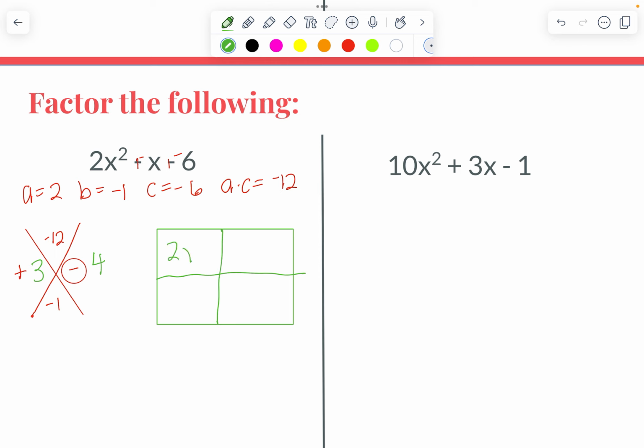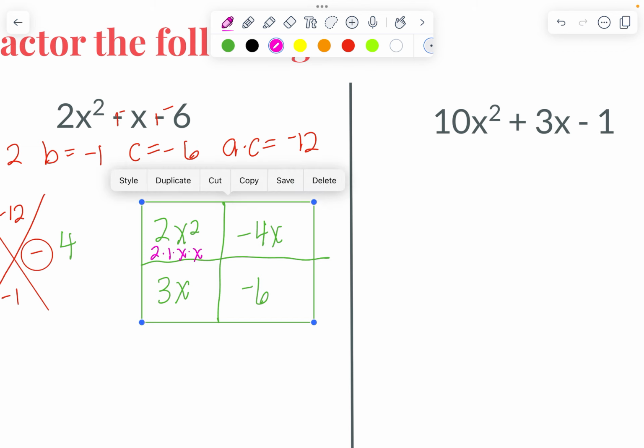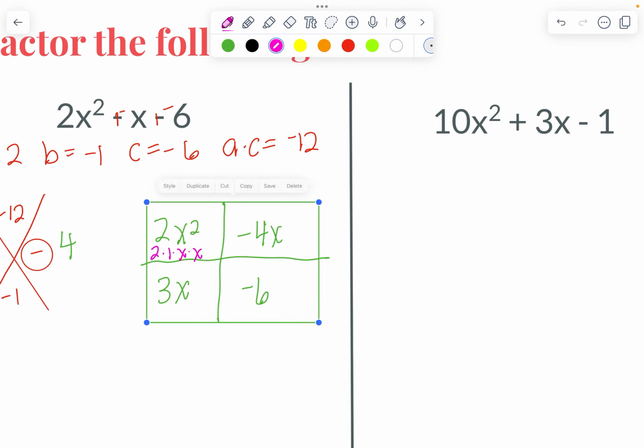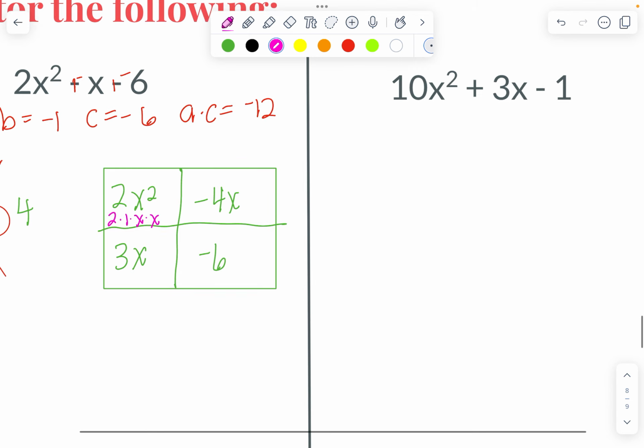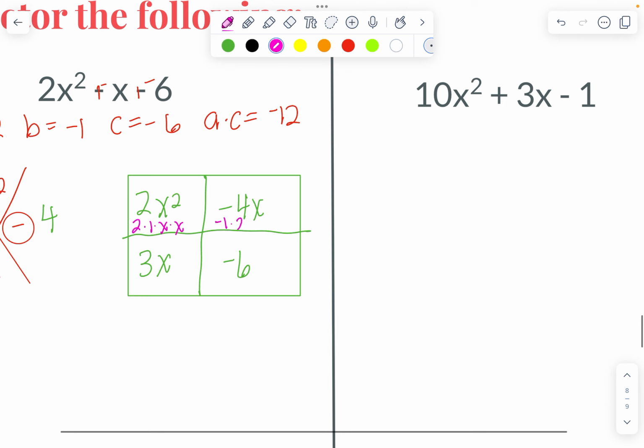So we have 2x squared, we have negative 6, and then I have positive 3x and negative 4x. The boxes that you put the 3x and negative 4x in don't matter, they can be switched. Looking for GCFs now. 2x squared is 2 times 1 times x. Negative 4x is negative 1 times 2 times 2 times x. 3x is 1 times 3 times x.